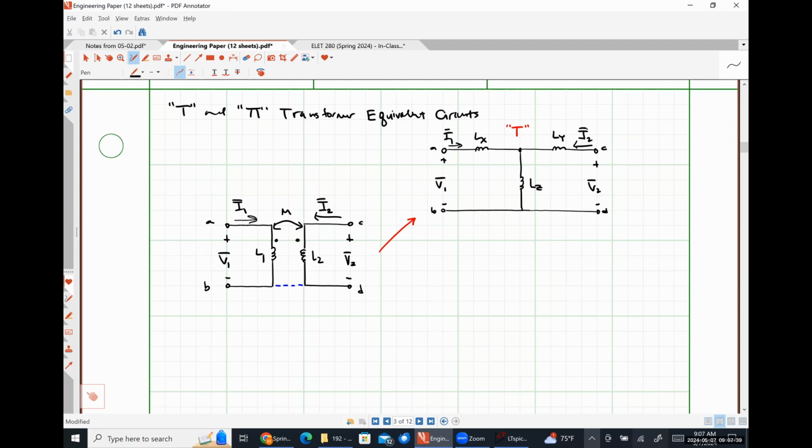So now let's define these inductances Lx, Ly, and Lz in terms of L1, L2, and M from our original transformer circuit, okay?